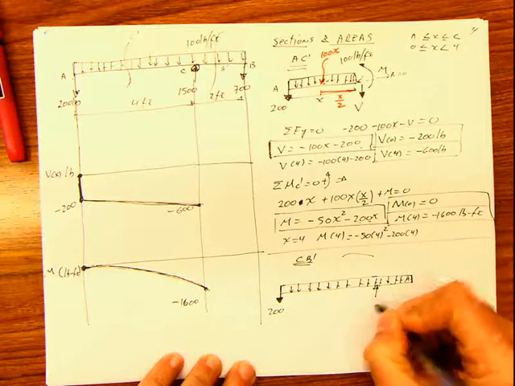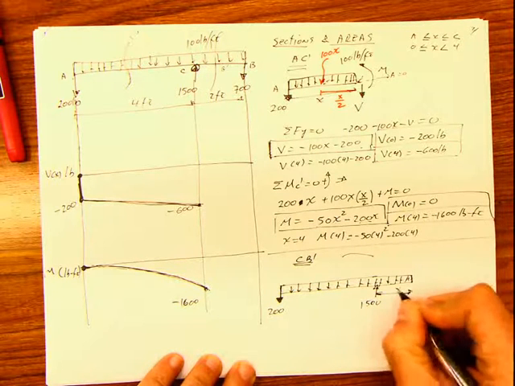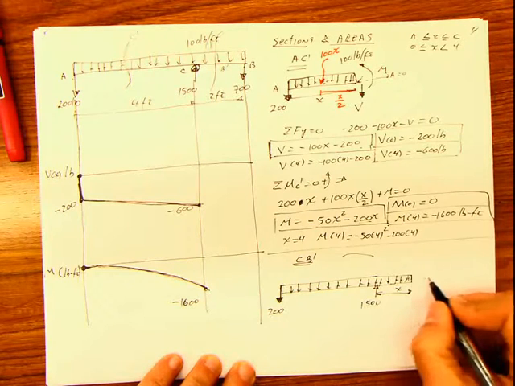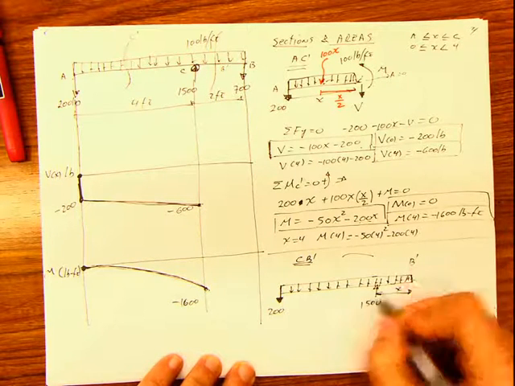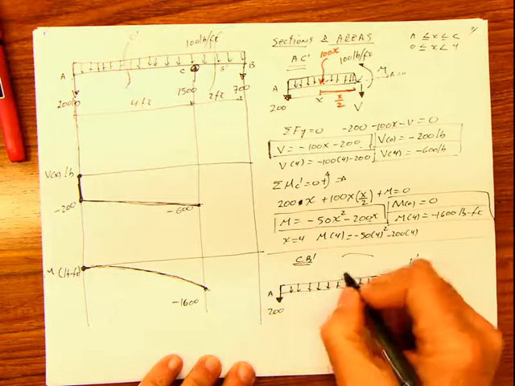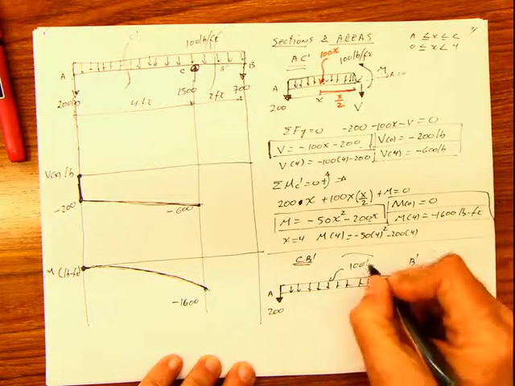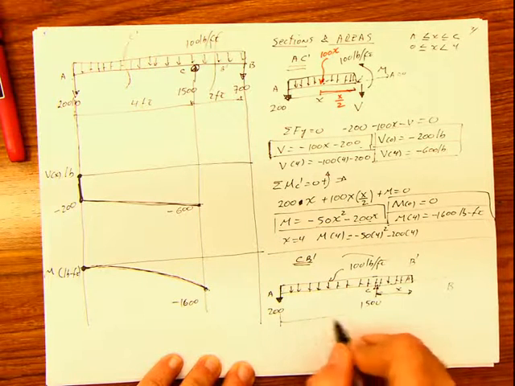This is 1500, and this distance is going to be x, because now my point B should be somewhere here, and this is the point B prime that I'm calling. This is C, and this is A. This load is 100 pounds per foot, and the distance here is 4.